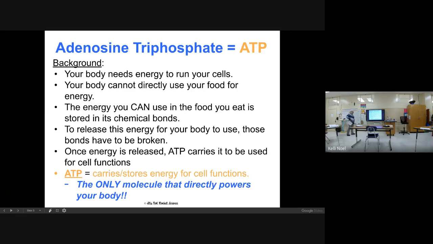That molecule can be reused, put back together, and so forth. So ATP is just going to carry energy. It's not really a storage. It's going to be in an ATP form for a very short amount of time. And it's just carrying that energy to whatever the cell's function is at that time. And so it is the molecule that powers our body.